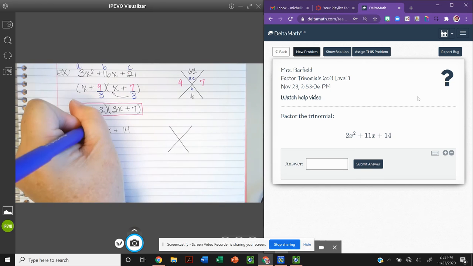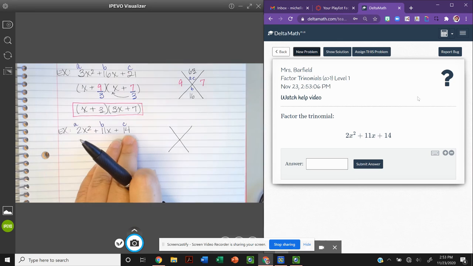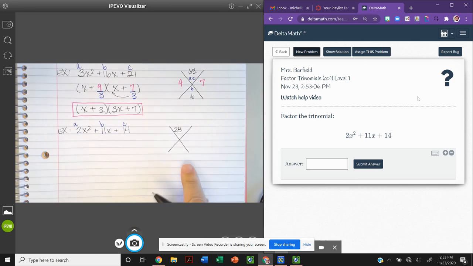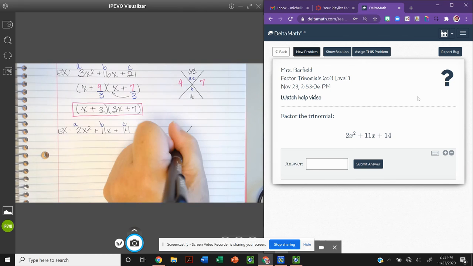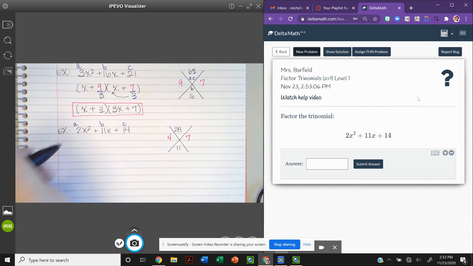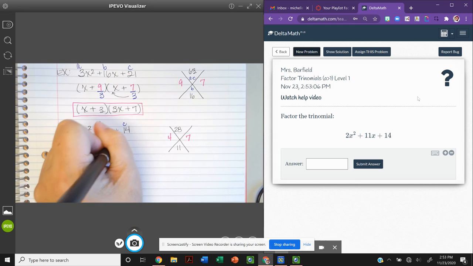This is A, this is B, this is C. All right, so A times C, 14 times 2, 28. B, 11, goes right here. I'm going to solve it. So 4, 7. Now I'm going to say x plus 4, x plus 7.